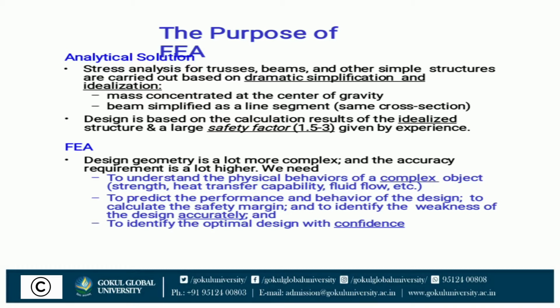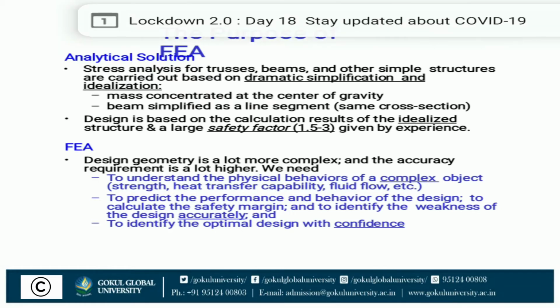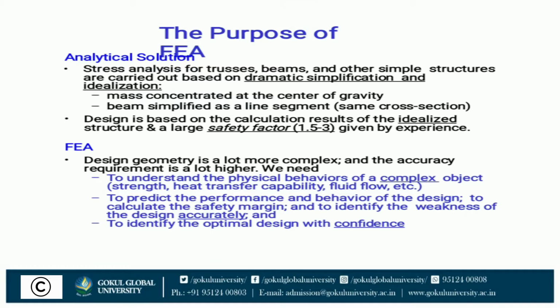If we move to higher engineering applications, the design geometry is more complex and the accuracy required is much higher, as we need to understand the physical behavior of a complex object, like strength, heat transfer, and fluid flow.